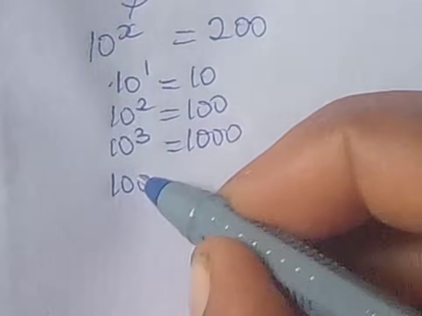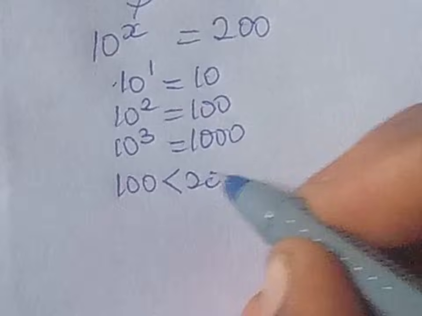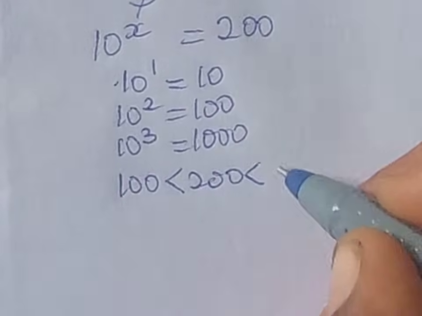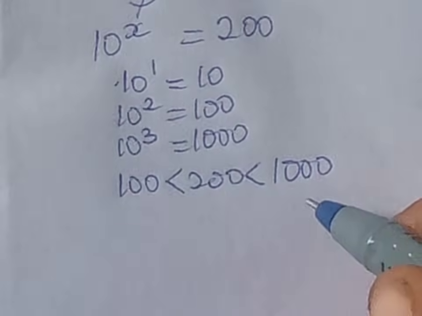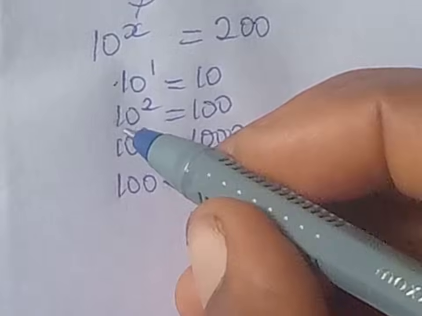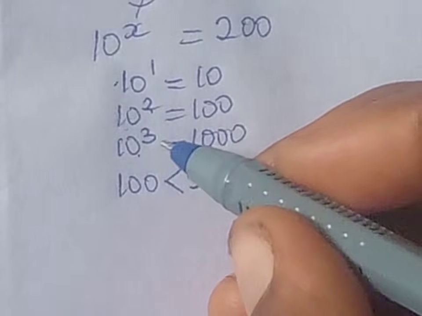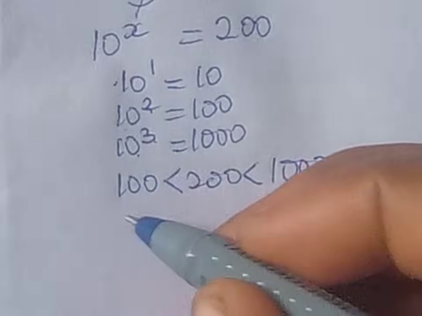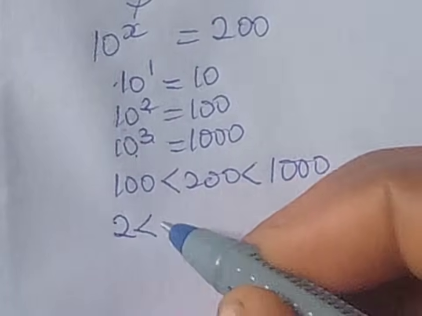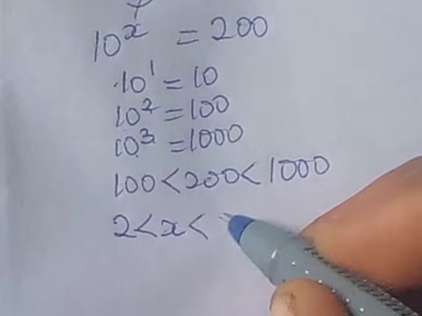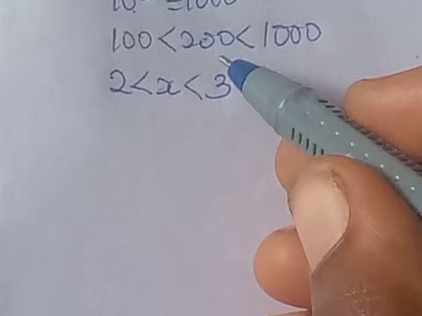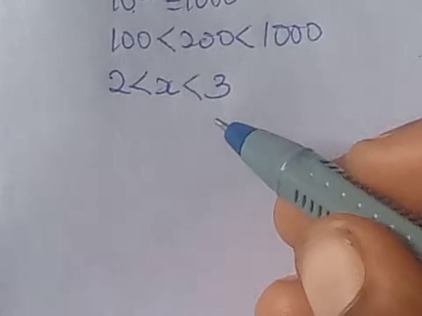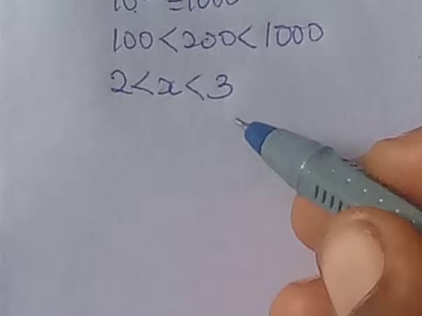Since 100 is less than 200 and 200 is less than 1000, then the exponent must lie between 10^2 and 10^3. So 2 is less than x and x is less than 3. Since 200 is not an exact power of 10, we have to use our logarithm.